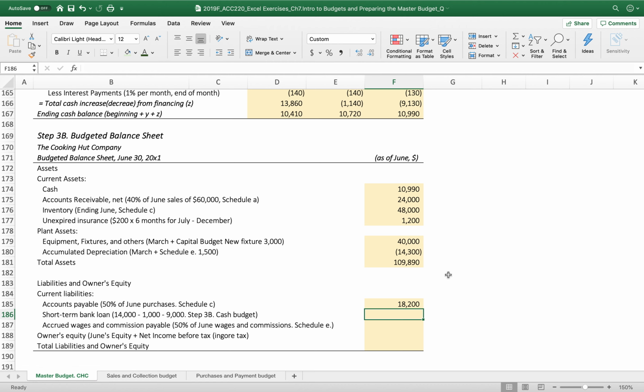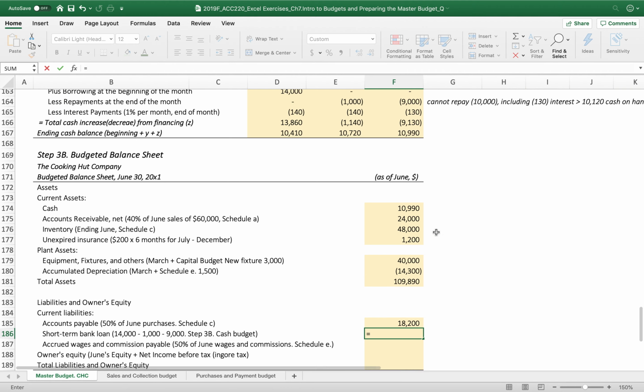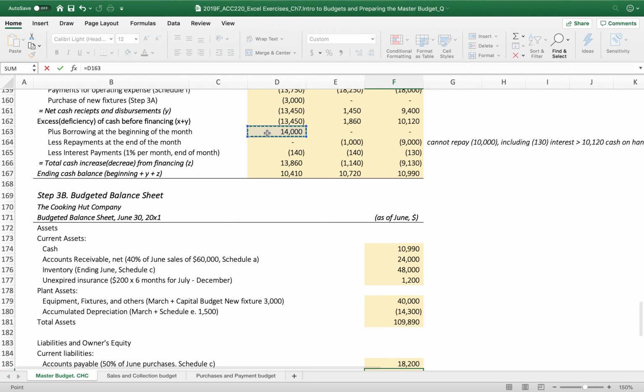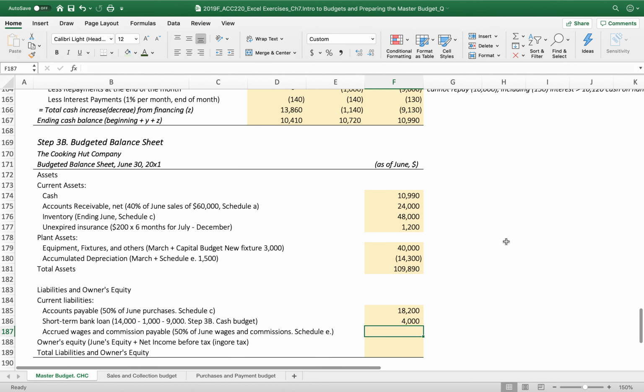So this times 50% is accounts payable for June, right? And the short-term bank loan obligation, the amount left, how do you get it? Okay, the 14,000 was the principal, right? And then we repaid 1,000, and also we repaid 9,000 principal. So the obligation is $4,000. It's the short-term bank loan amount at the end of June.